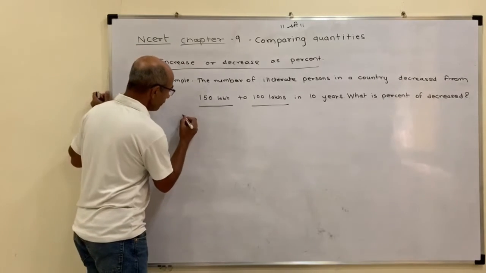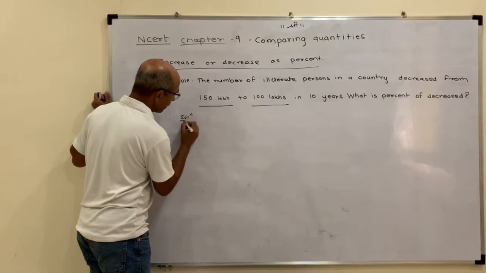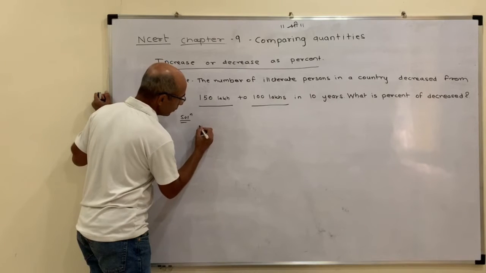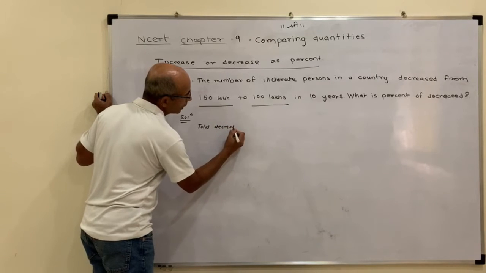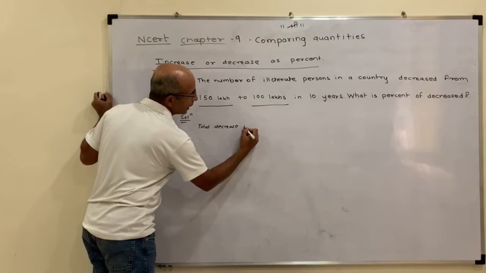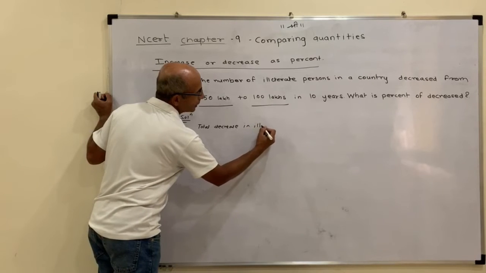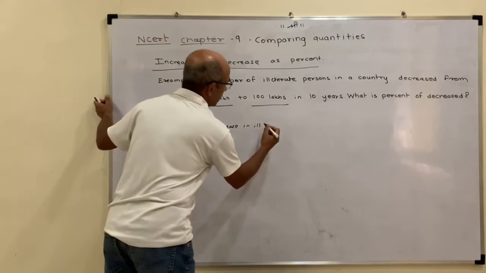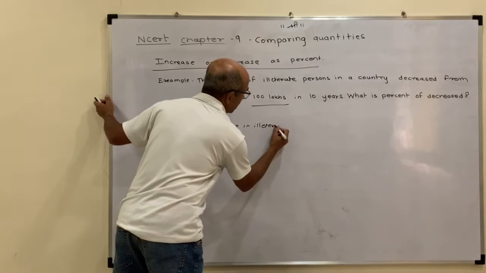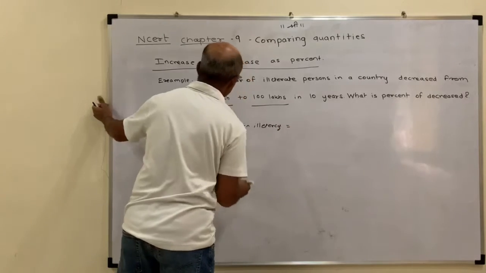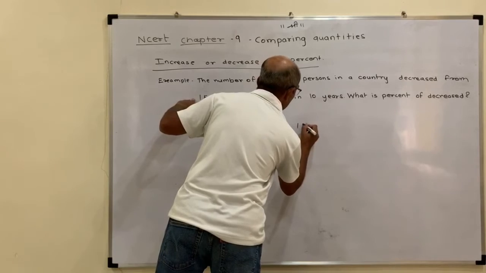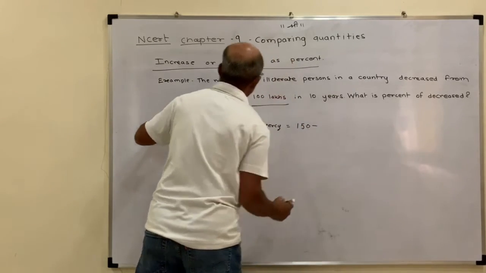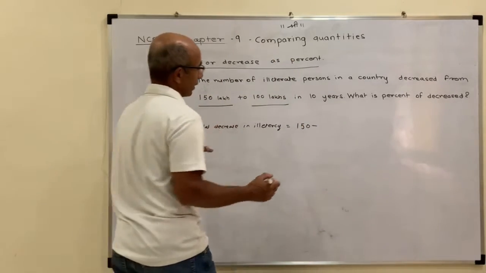So now, total decrease, we can say, in literacy equals, how many were there before 10 years? 150 minus, now how many are there? 100.